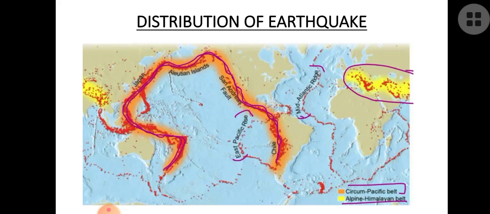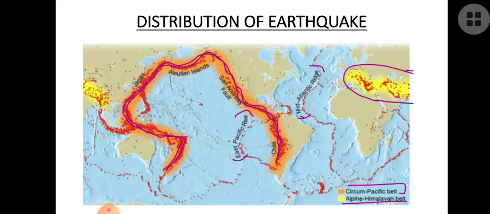In India, earthquake happens in the northern part of India, that is in Himalayan region and Ganga Brahmaputra valleys. Some of the major earthquakes in India happened in the northern part, that is in 1991 in Uttarkashi, and Chamoli in 1999.